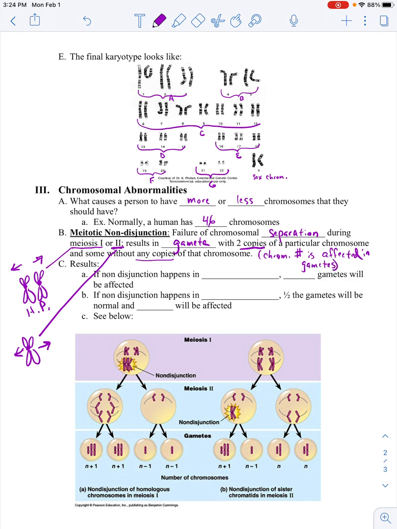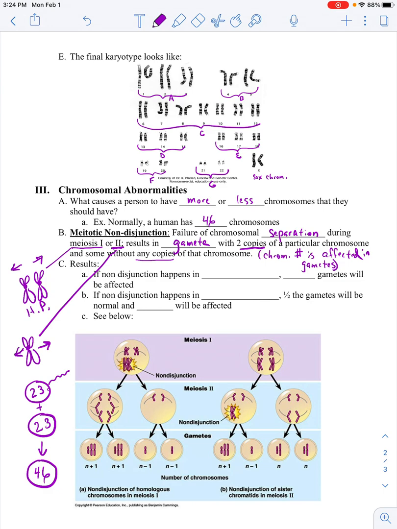If you recall, we want to have 23 chromosomes in the egg or the sperm, so that when they join together, the zygote is going to have 46.